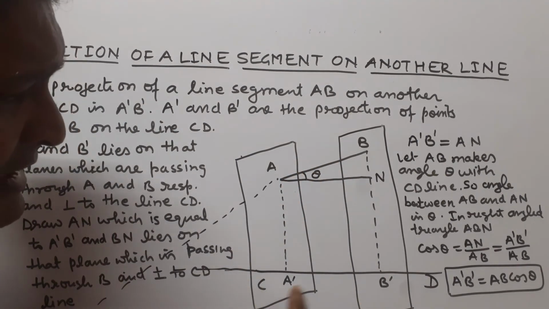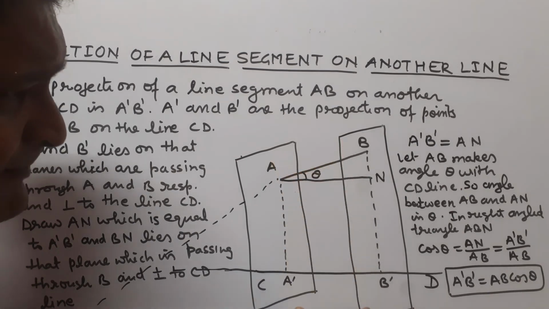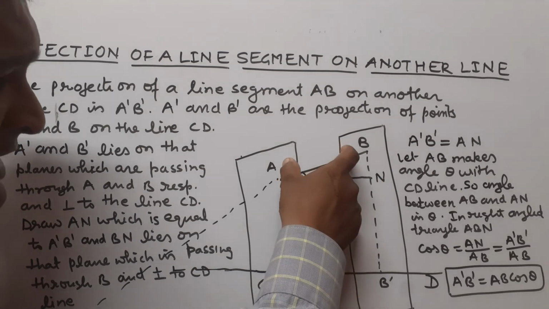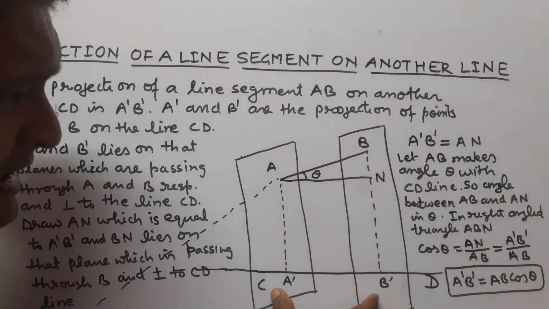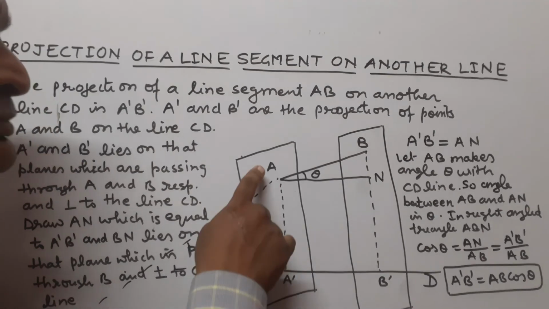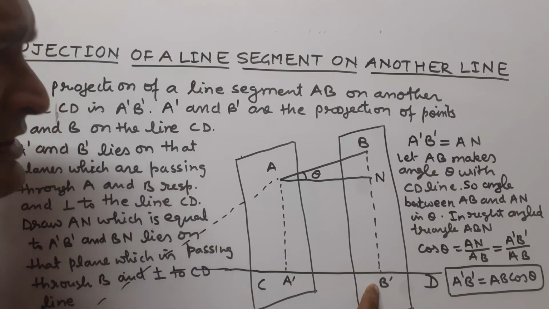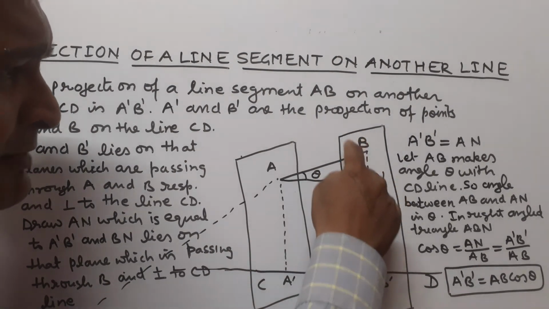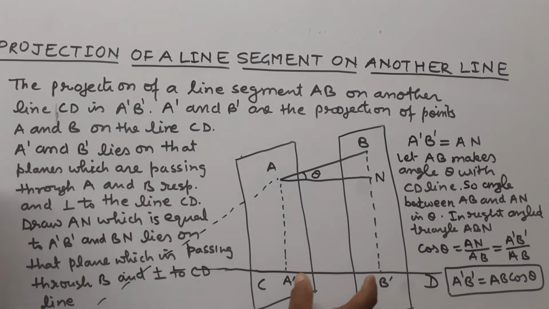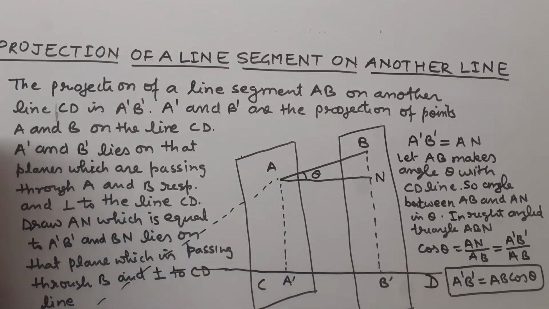A dash B dash is the projection of line segment AB on CD. Now A dash is the projection of point A on this line CD, and B dash is the projection of point B on this line CD. So A dash B dash is the projection of the line segment AB on the line CD.